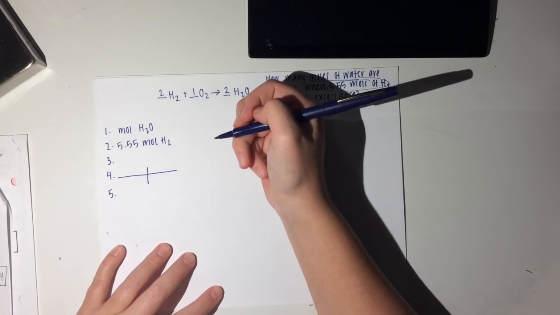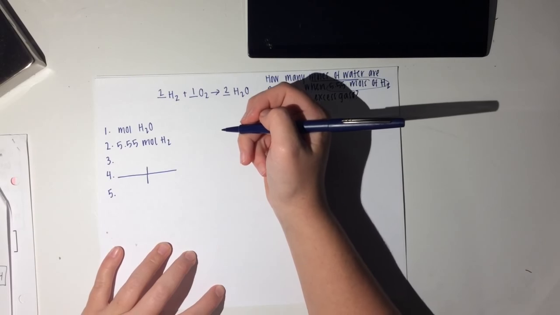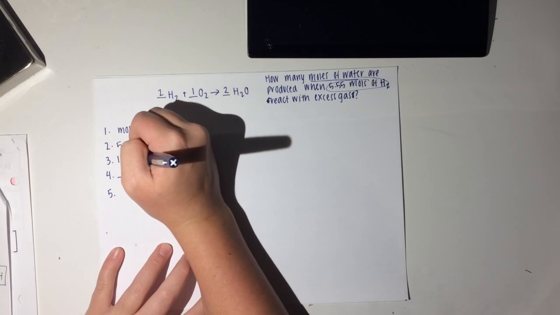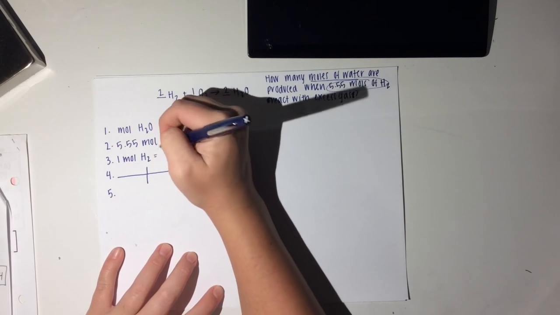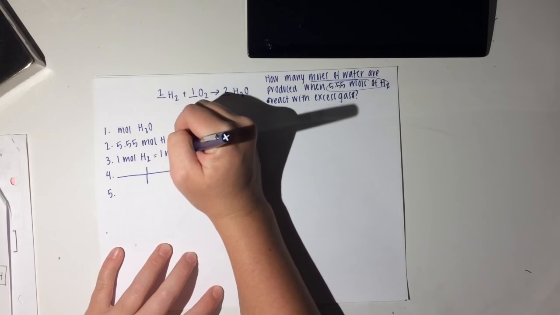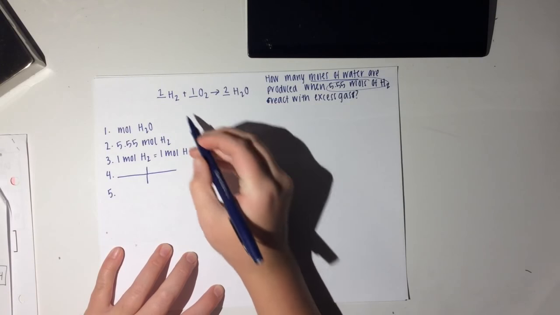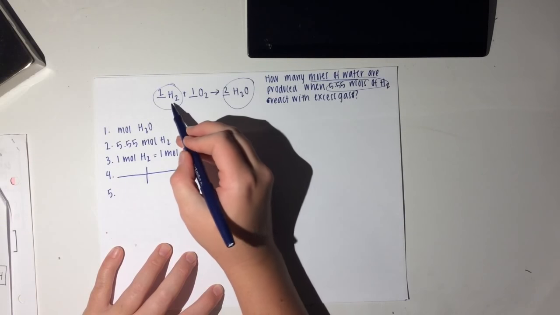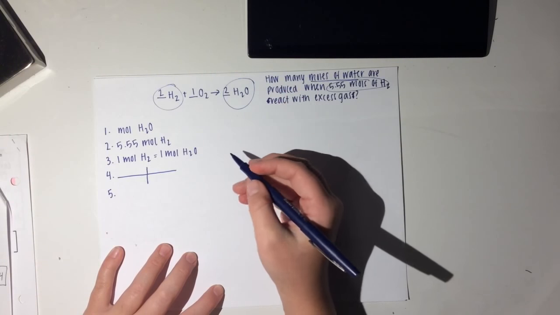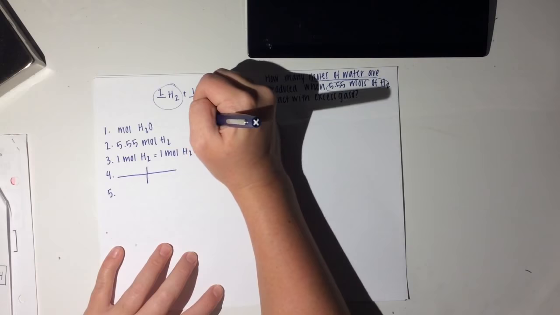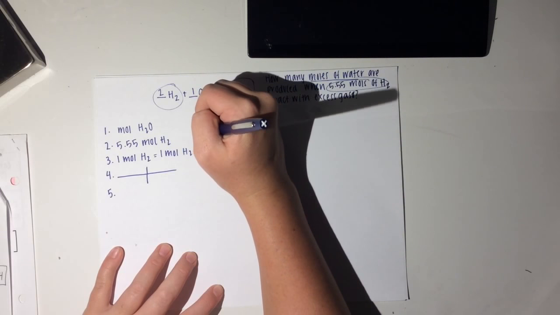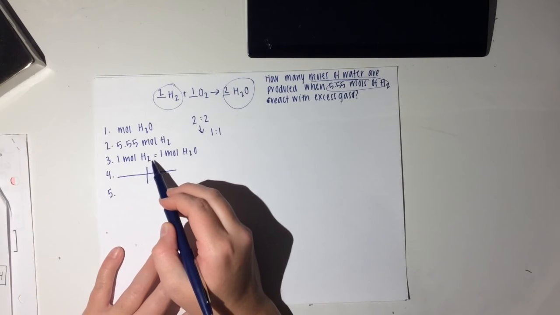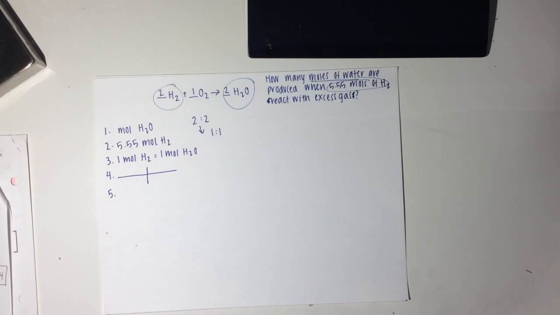And lastly, for step 3, we find any conversions or equations. So 1 mole of H2 equals 1 mole of H2O, because we're trying to solve for hydrogen and water. And since the ratio is 2 to 2, this reduces to 1 to 1. So that's why 1 mole of hydrogen is equal to 1 mole of water.